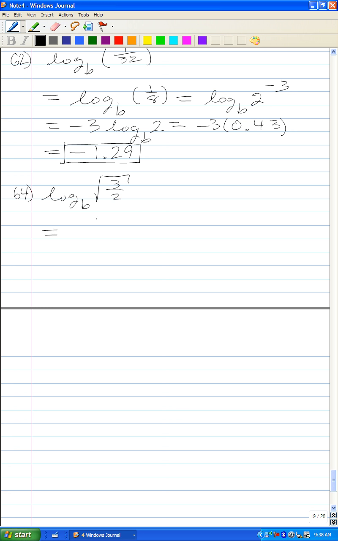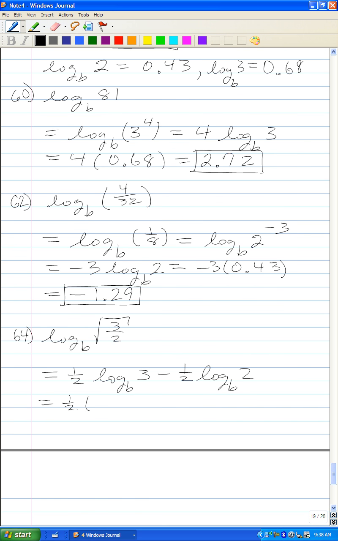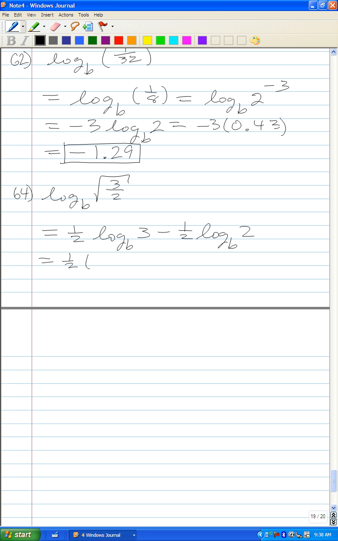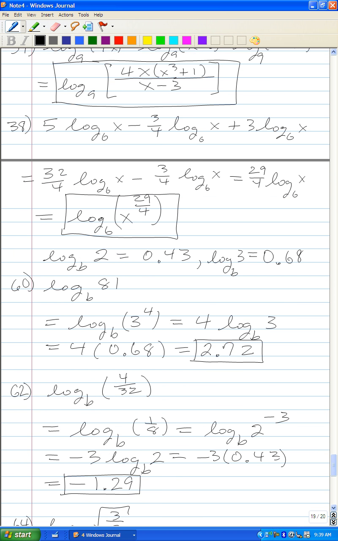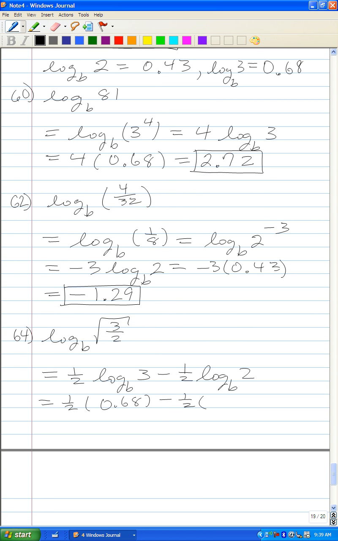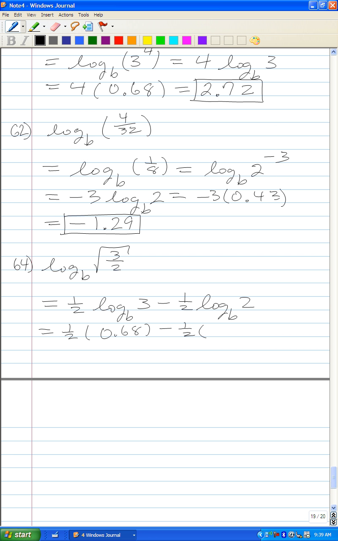Well, this is the same as 1/2 log base b of 3 minus 1/2 log base b of 2, which is 1/2 times log base b of 3, what did they say it was? 0.68. And log base b of 2 would be 0.43.